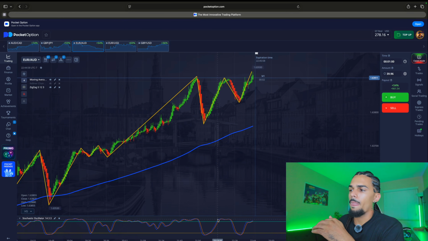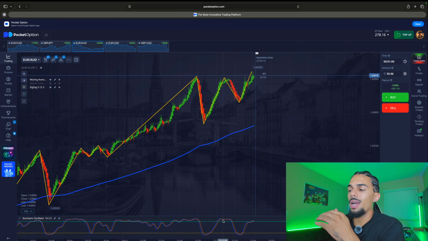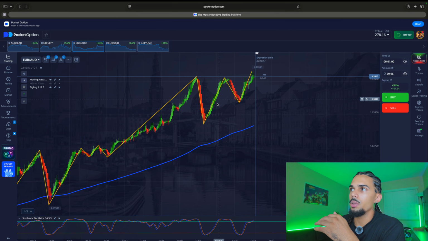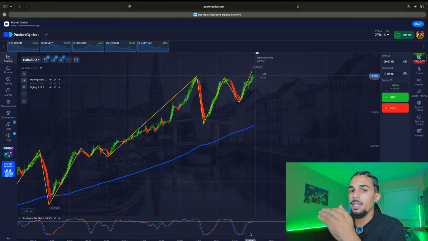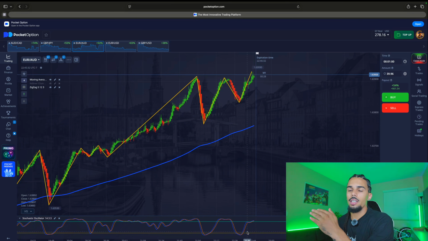For example, from 22.13 all the way to 22.25, for about 10 minutes, price held above that 80 stochastic, which was this move up right here, just sitting up there. You understand what I'm saying? So when price breaks through the structure of either the 80 or the 20 and hovers up there, that's an indicator price is going to continue to go in that direction.